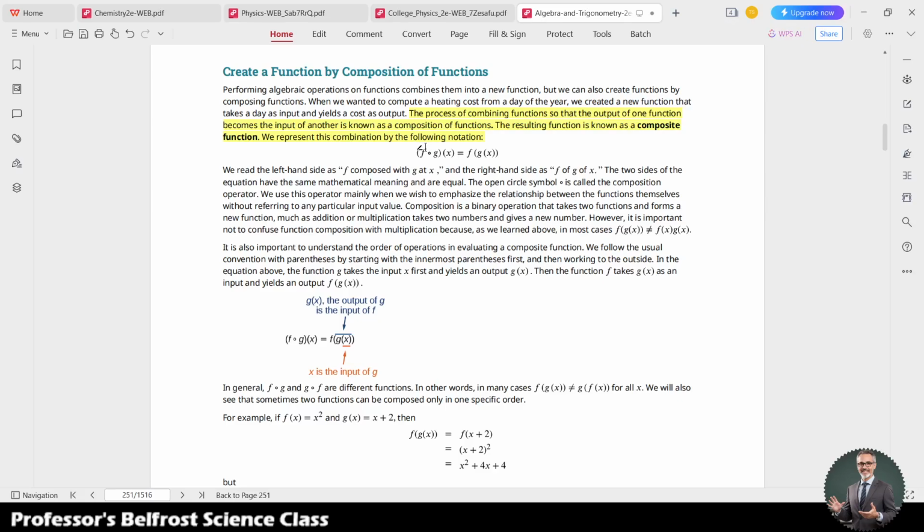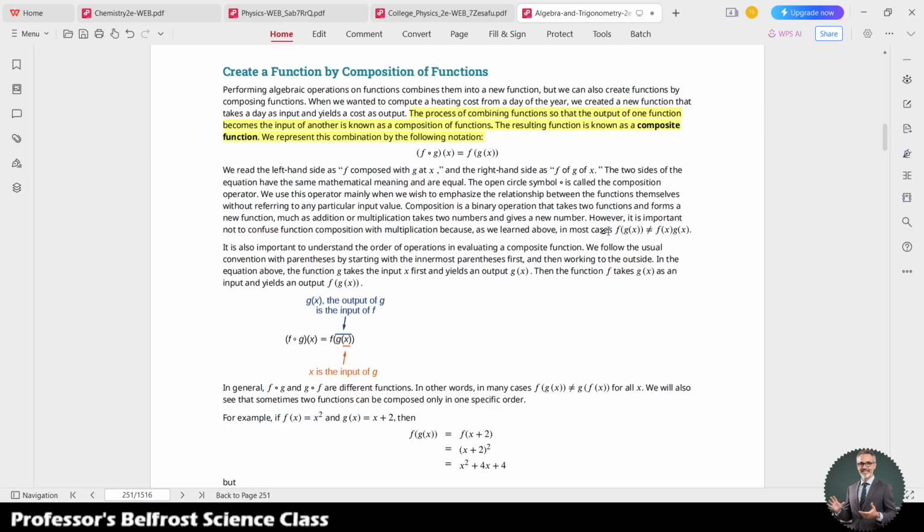If I say dot, it means that we are dealing with composition of functions. So (f ∘ g)(x) equals f(g(x)). We read the left-hand side as f composed with g at x, and the right-hand side is f of g of x. The two sides of the equation have the same mathematical meaning and are equal.